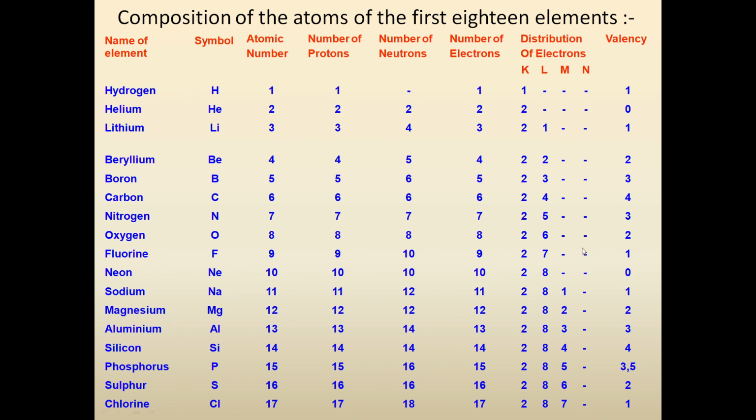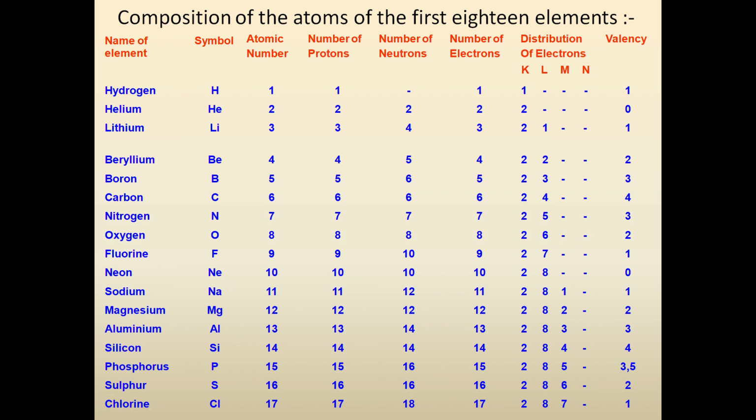For this you have to remember certain rules. If the number of valence electrons is 1, 2 or 3, then the valency is also the same. It is 1, 2 or 3. If the number of valence electrons is 4, 5, 6, 7, then valency will be 8 minus the number of valence electrons.